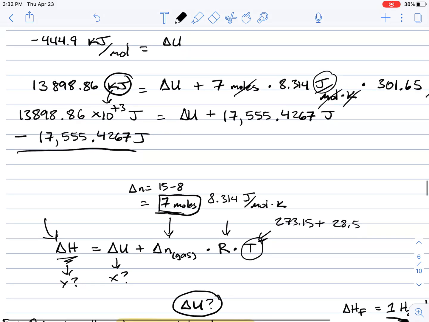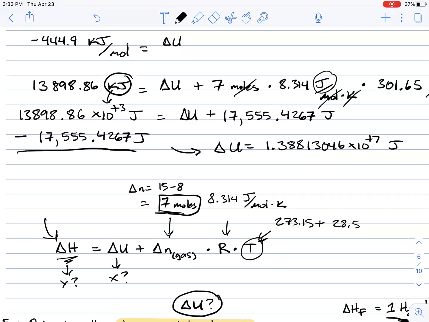And here in this case, the change in internal energy in joules, so here the change in internal energy is going to be 1.38813046 times 10 to the positive 7 joules.